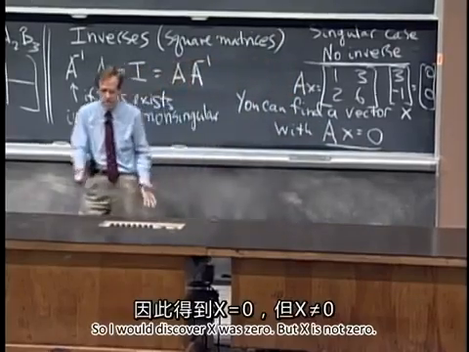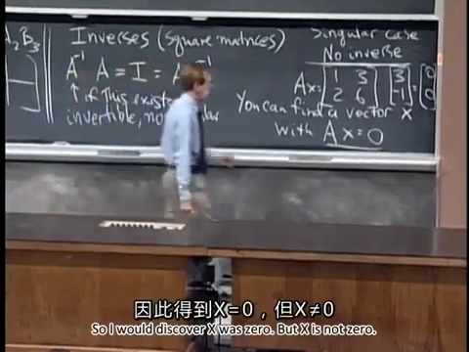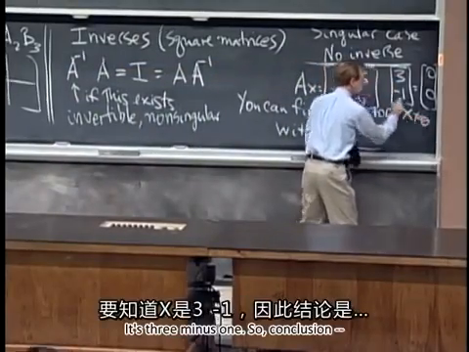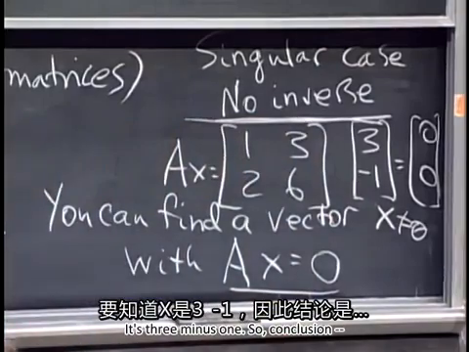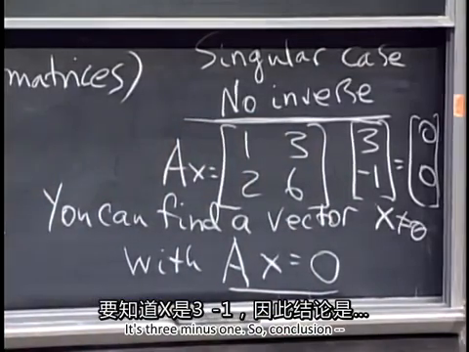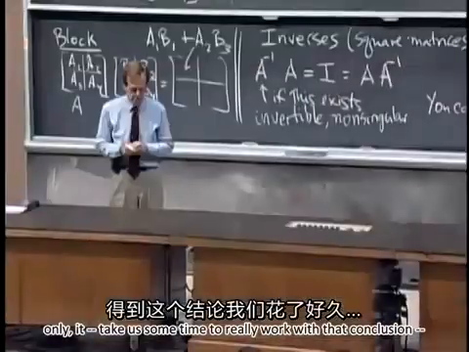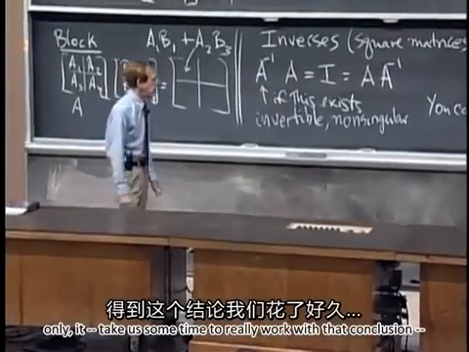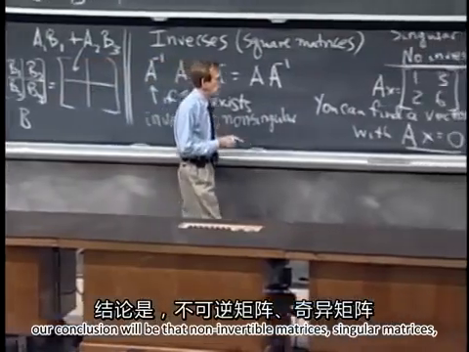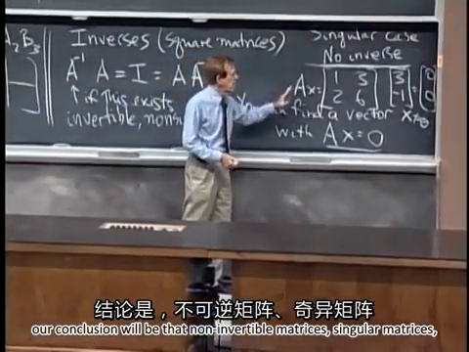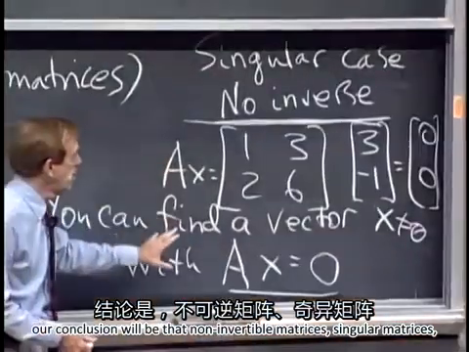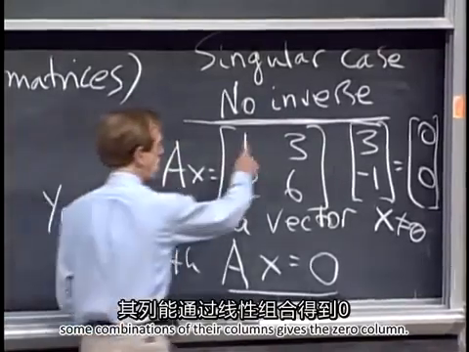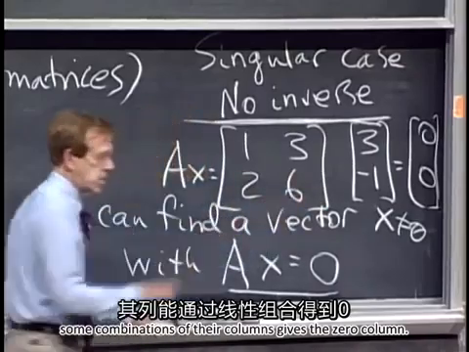So I would discover x was 0. But x is not 0, it's 3, negative 1. So, our conclusion will be that for non-invertible matrices, singular matrices, some combination of their columns gives a 0 column.